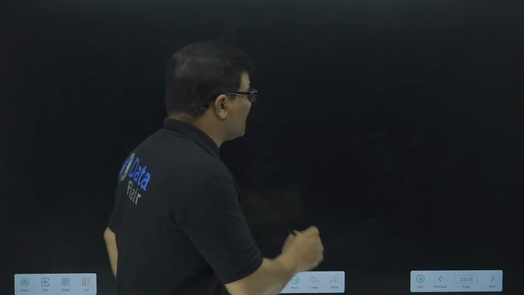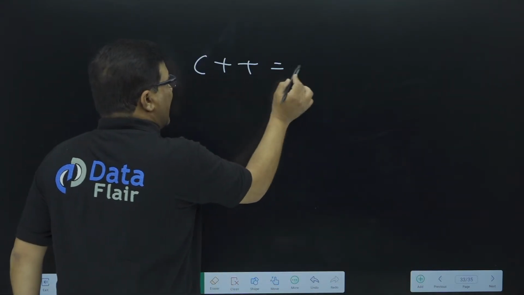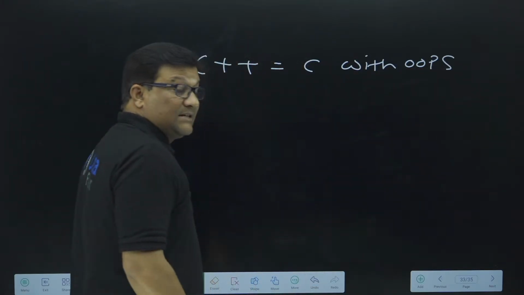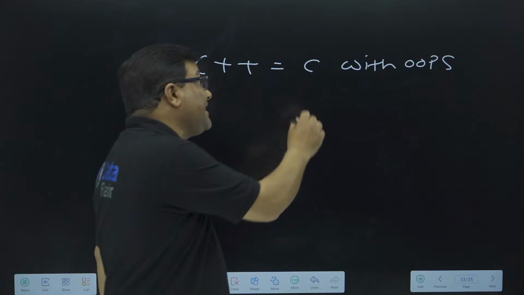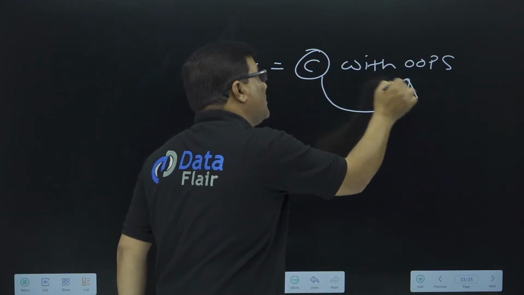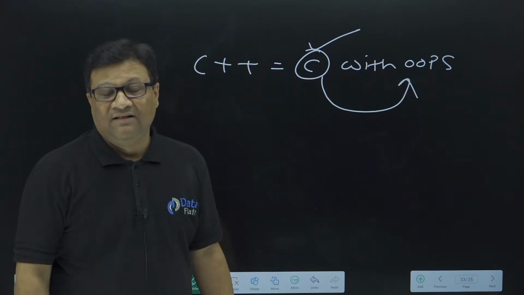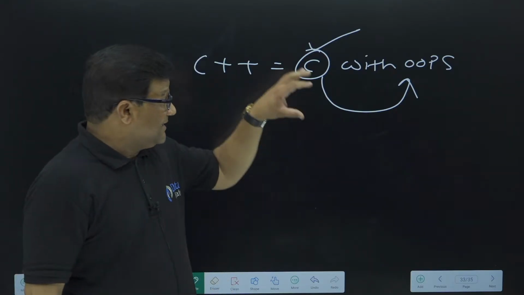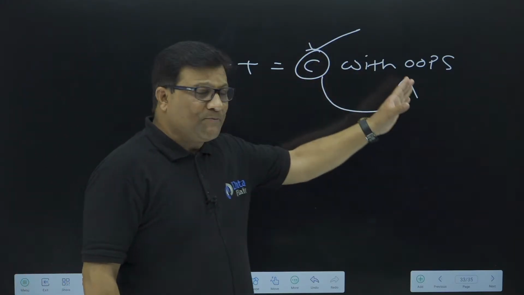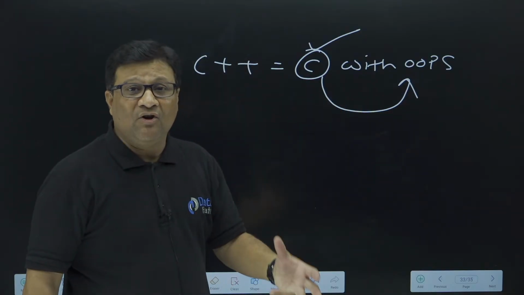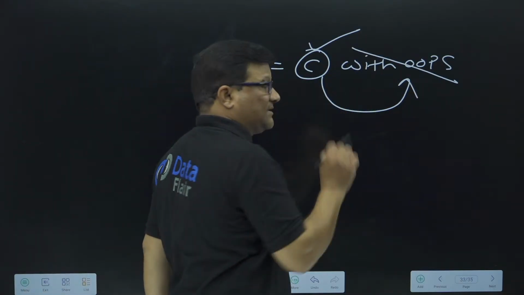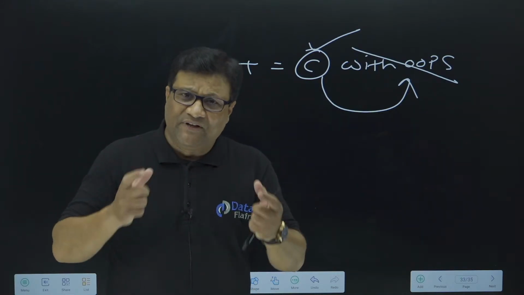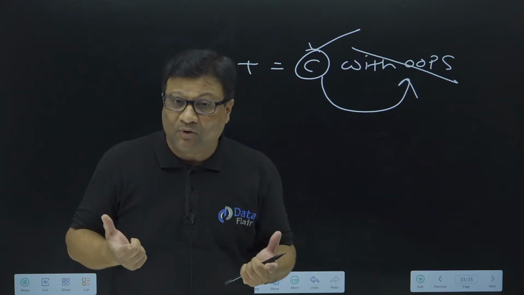Now how can we say that C++ is partially object oriented? C++ is exactly the language C with object oriented programming. The C language was there and they added OOPS concepts to this existing language. We say that C++ is an extended version of C. That is why it is partially object oriented: in C++ we can program both ways, even without object oriented thought, as in the C language.